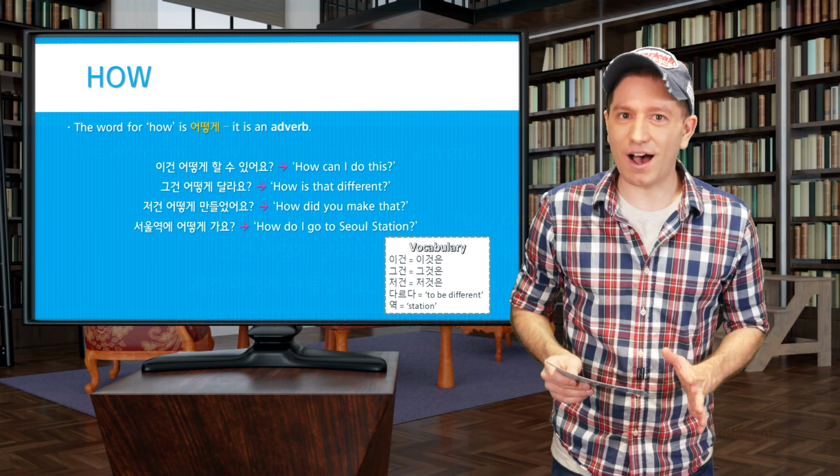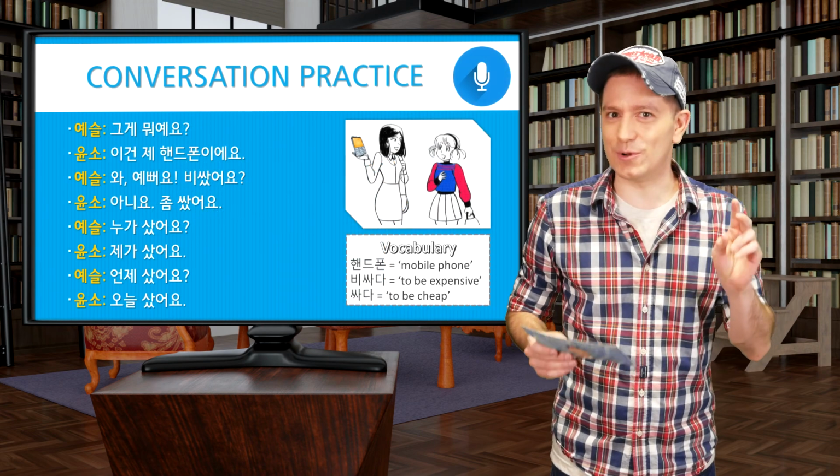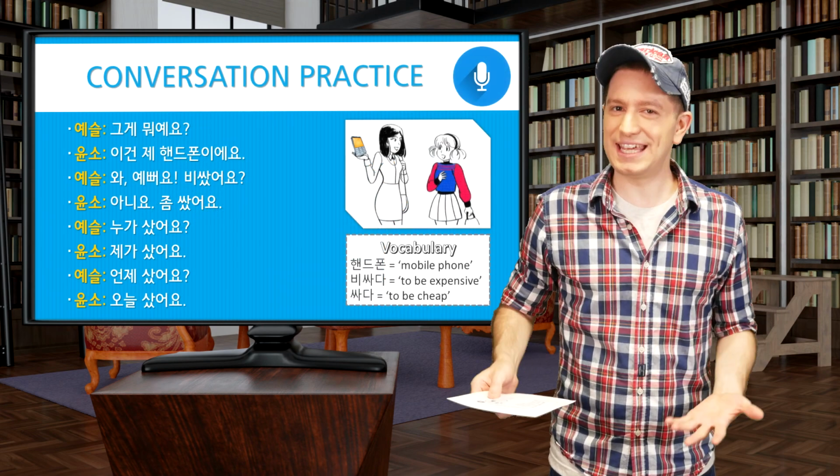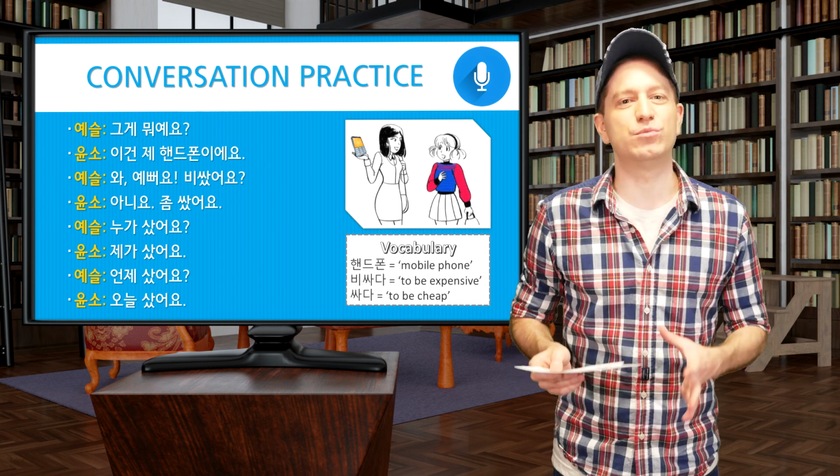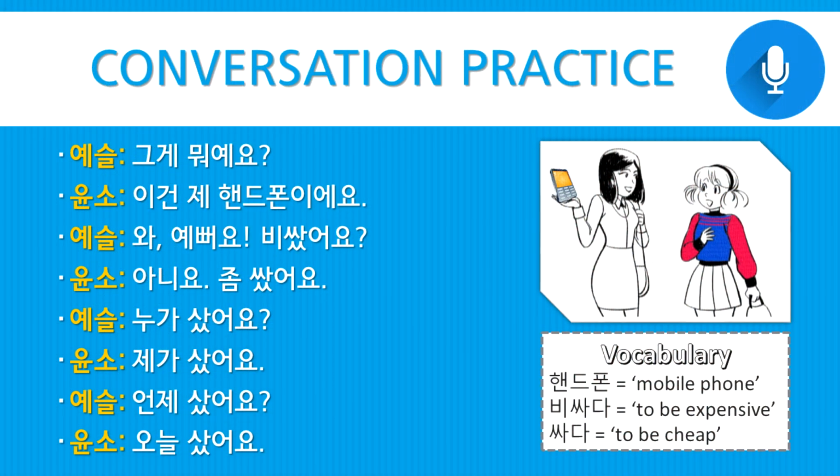Alright, so let's do a conversation practice between two people, Yeser and Yunso. Here, Yunso is showing off her brand new cell phone. So first, Yeser says, 그게 뭐예요? What is that? 이건 제 핸드폰이에요. This is my mobile phone or cell phone. 와, 예뻐요. Wow, it's pretty. 비쌌어요?